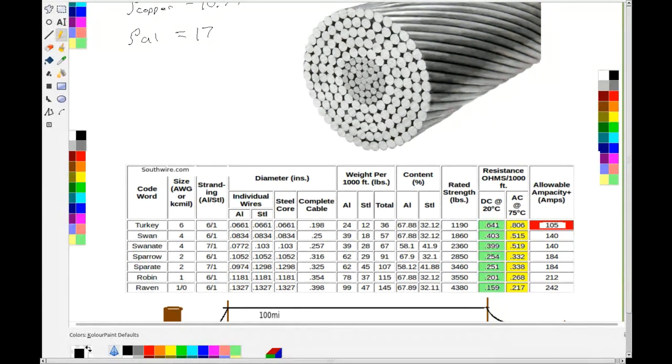So if you look over here, I kind of highlighted the resistances for you. You see that 6 has a smaller area, diameter, and so the turkey here has a higher resistance than the raven, which is 1/0.